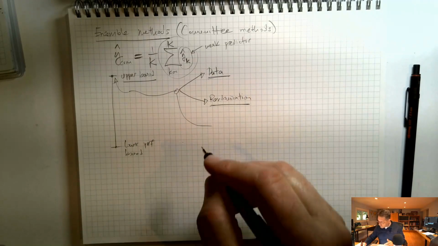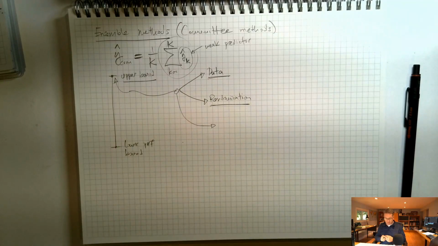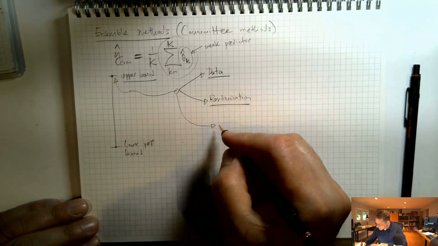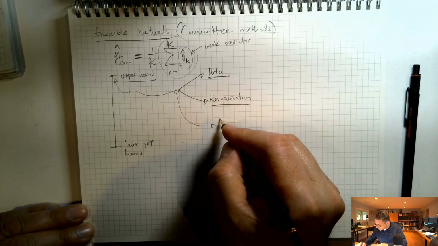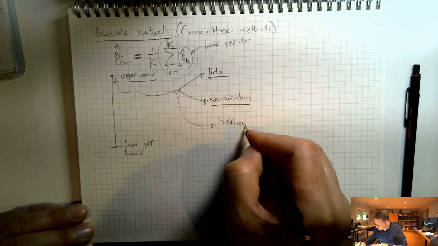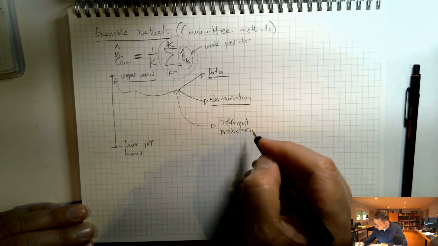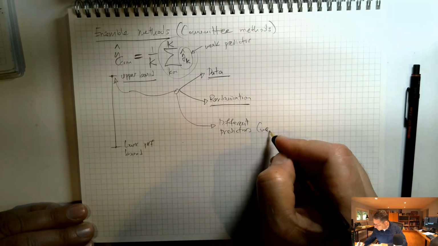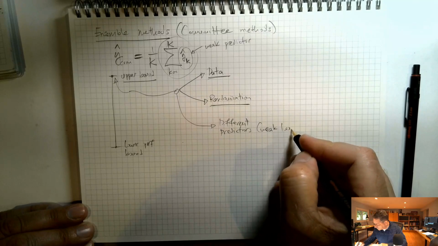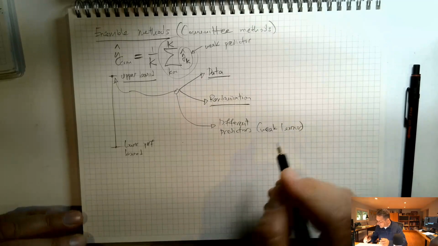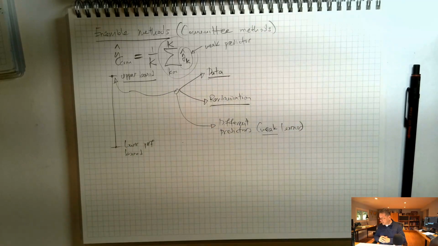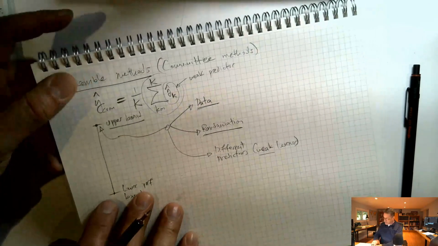But the third approach, which is a bit more relevant in this specific ResNet architecture, is to simply use different predictors, or weak learners. So the weak learners that we called over here are involved in the ResNet architecture.